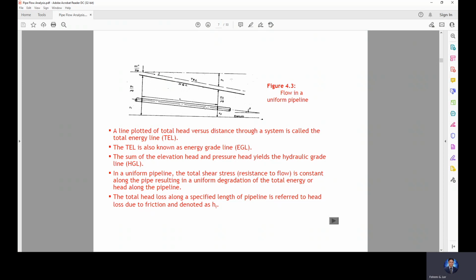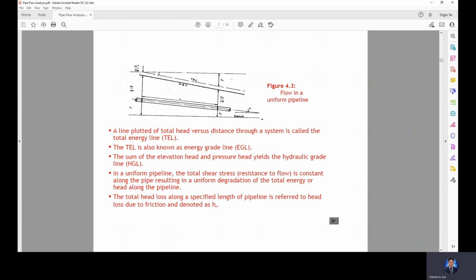There is actually a shear stress between the inner lining of our pipe and the flowing liquid, the water. So if there's a stress, there is a resistance to movement. So there must be a head loss.